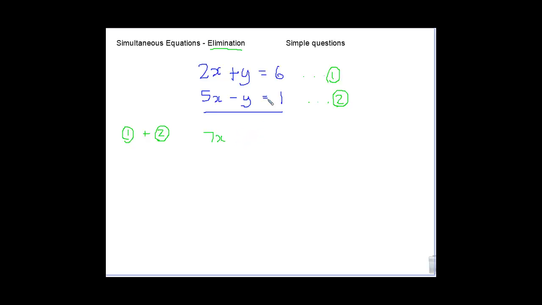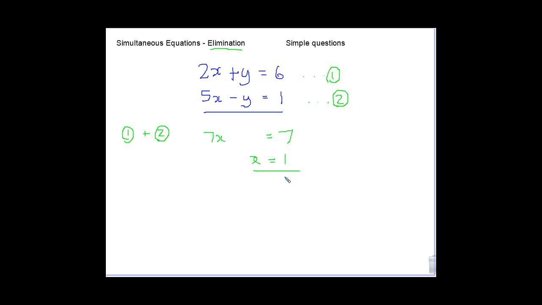So we won't write anything in, but 6 plus 1 gives us 7. So there's an equation now in one variable. We've gone from two variables down to one variable, and that's our aim. We want to eliminate one of the variables, either the x or the y. The y's were the easier ones to do in this case, because we have 7x is equal to 7, so x must be equal to 1.